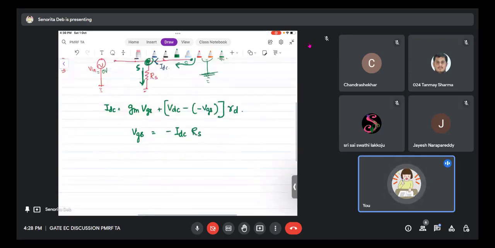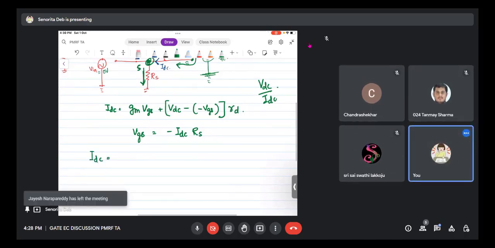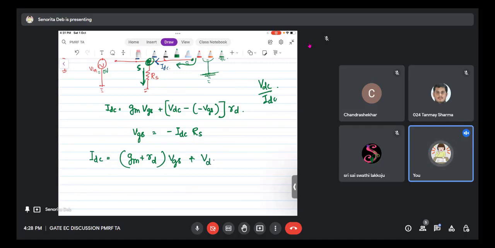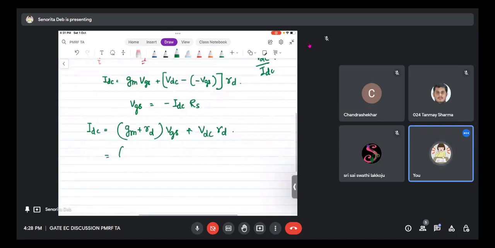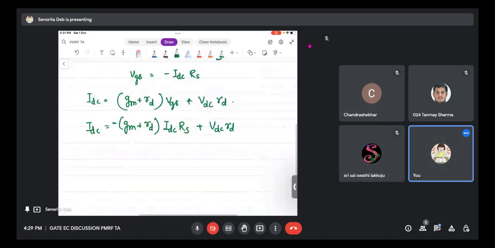I want VDC by IDC, so if I solve it, IDC equals GM plus RD times VGS plus VDC into RD. Now you can put IDC RS with a minus sign plus VDC RD as IDC.